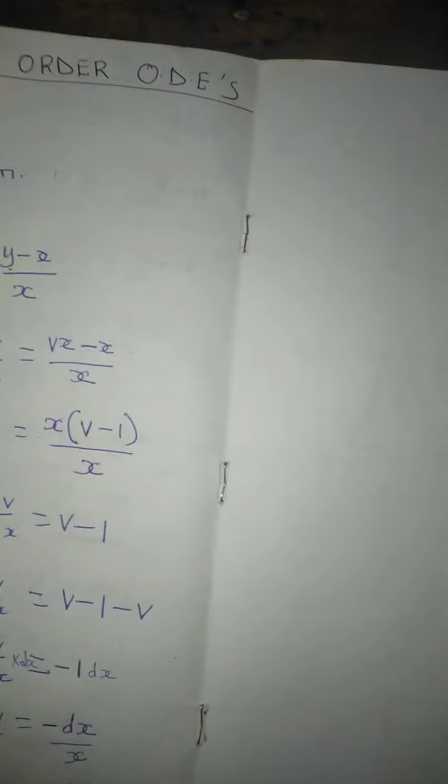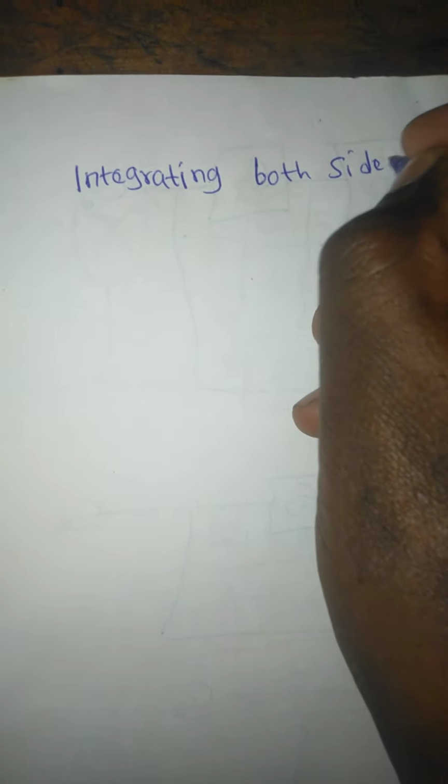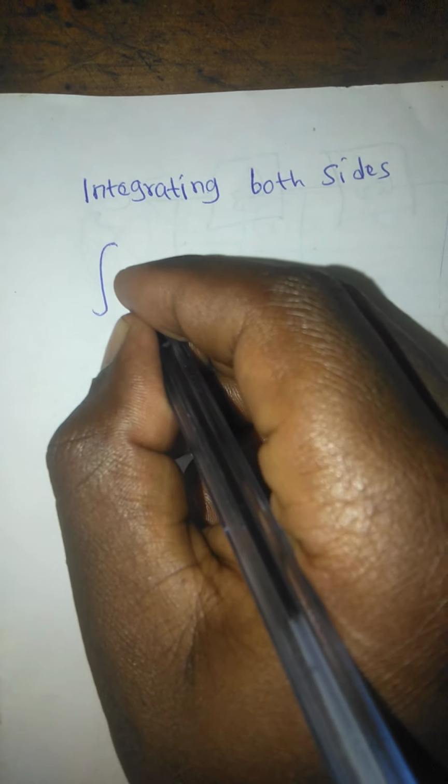So from there, let's integrate. We move to integrating both sides. So it will be this way. Dv is equal to minus dx all over x.